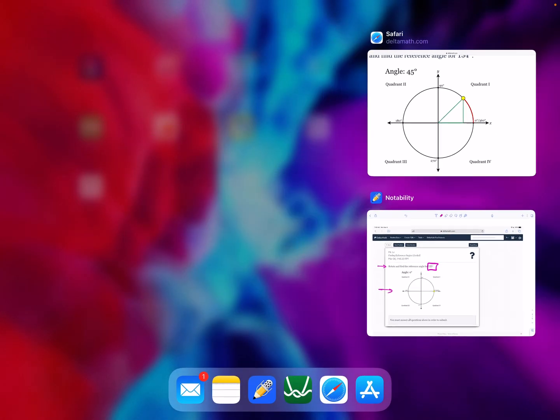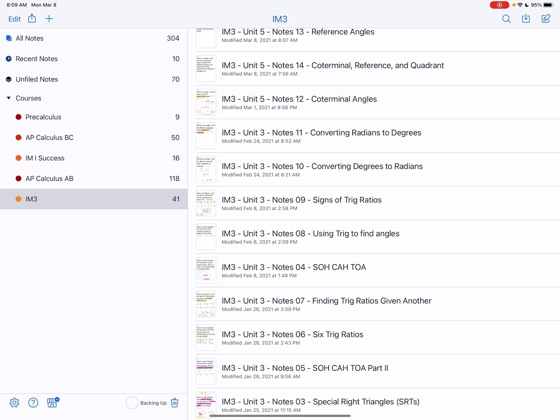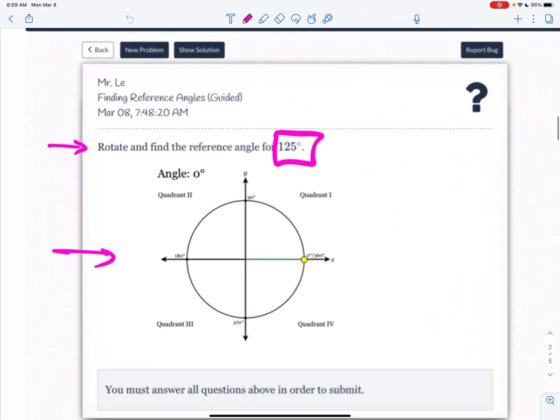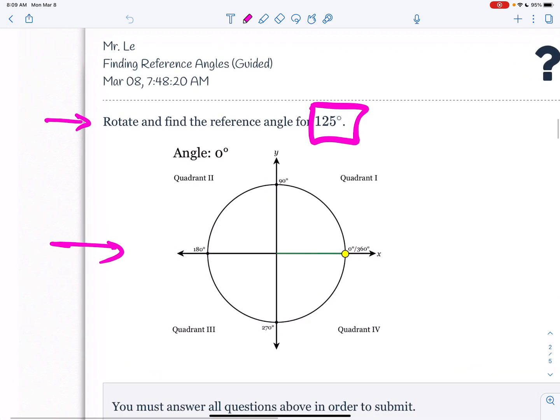So more on what this means. So let me show you here. Okay. So I guess we can stick with 125. So what's happening here is I can't really animate it for you, but 125, think about where 125 degrees is. Which quadrant does 125 degrees fall under? Okay?